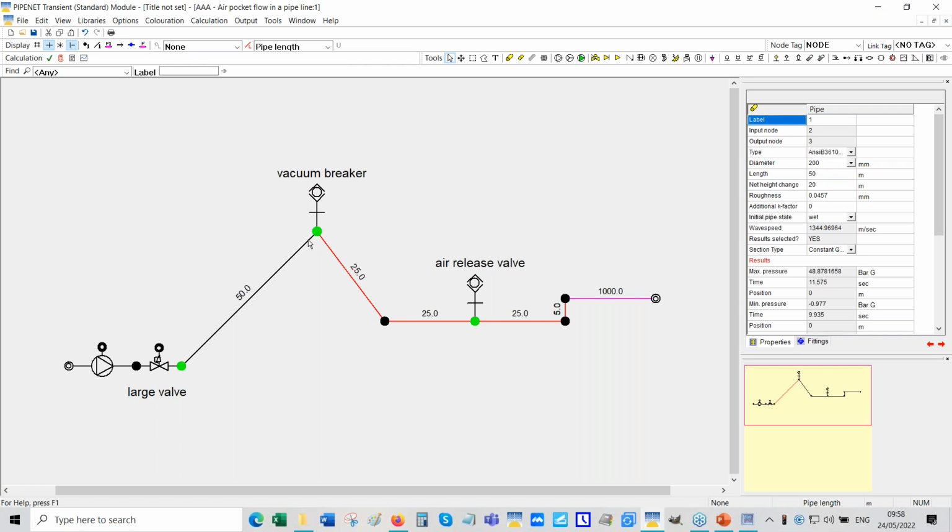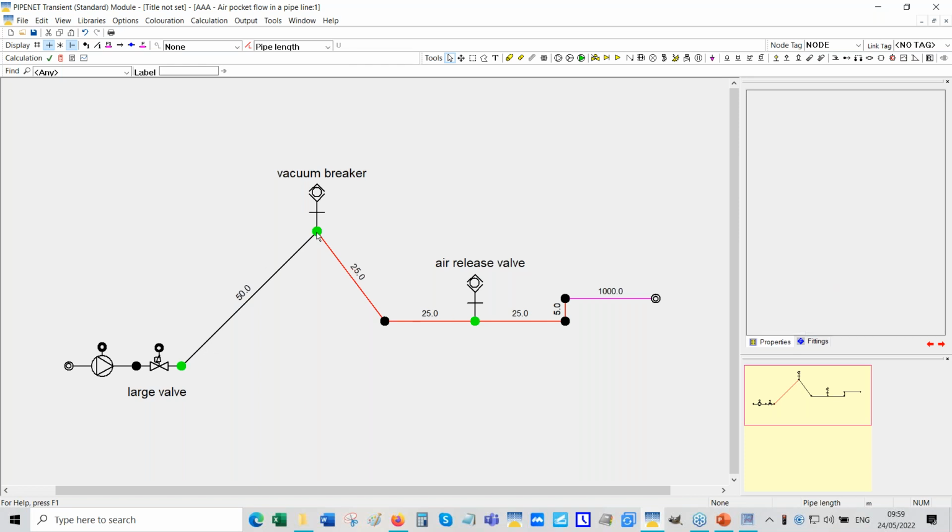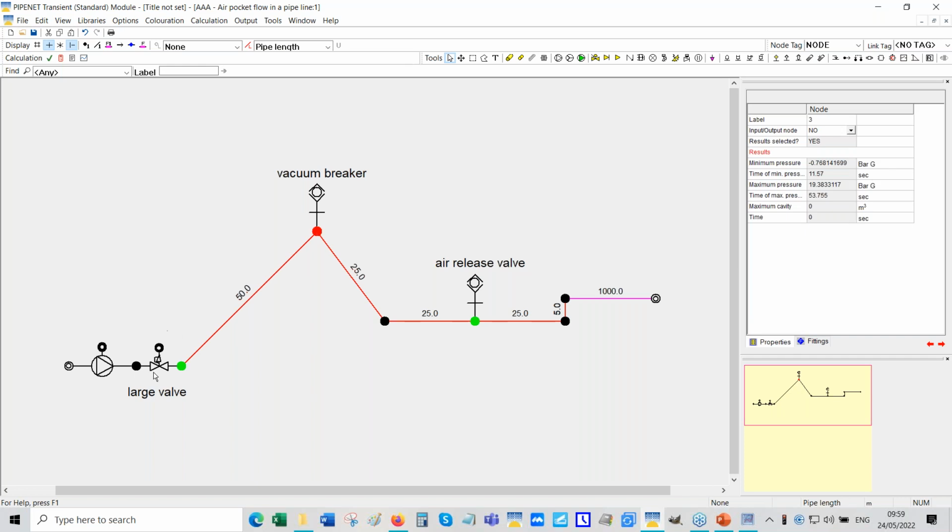So although this is a higher point, the cavitation actually starts here. But soon, because the valve is closed, because of the static head, the pressure here will drop below atmospheric pressure, because that is equivalent to minus 2 bar.